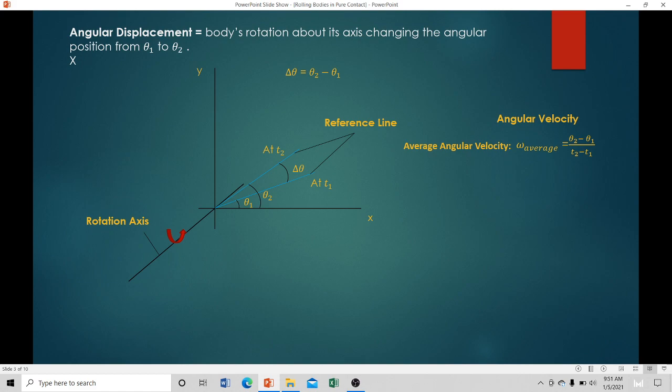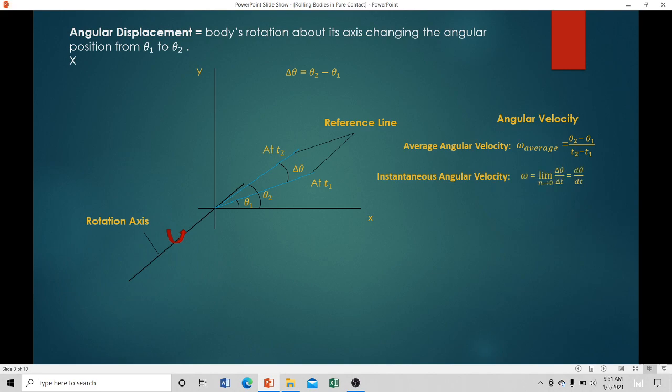So we have this formula. Average angular velocity is equal to the angular displacement with respect to the change of time: change in theta over time 2 minus time 1. For the instantaneous angular velocity, we have to use a limit equation.